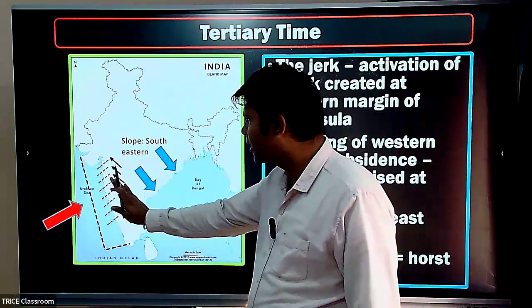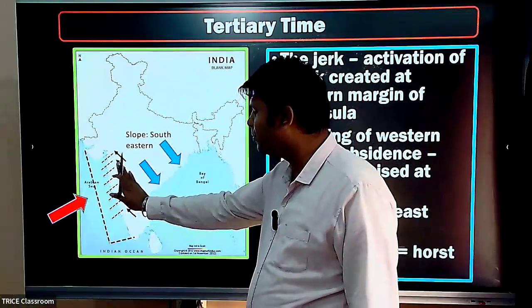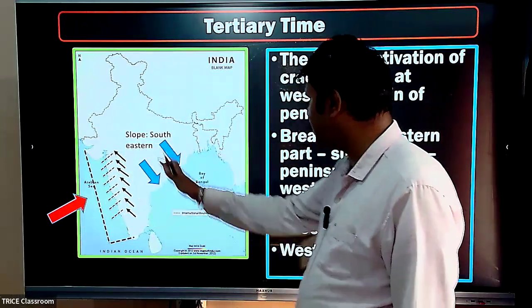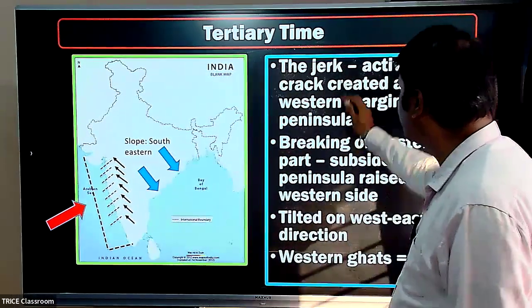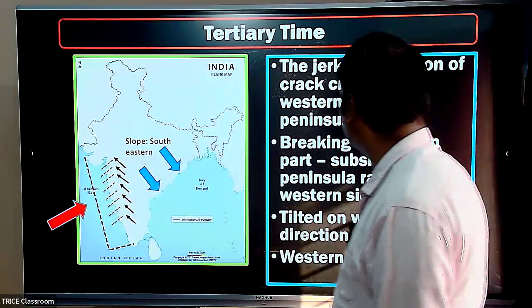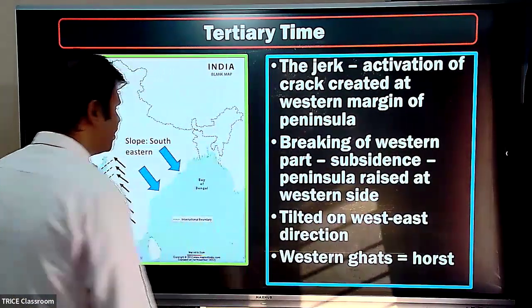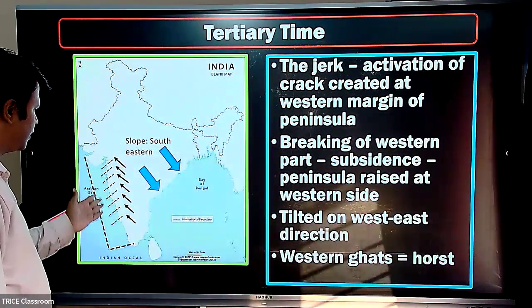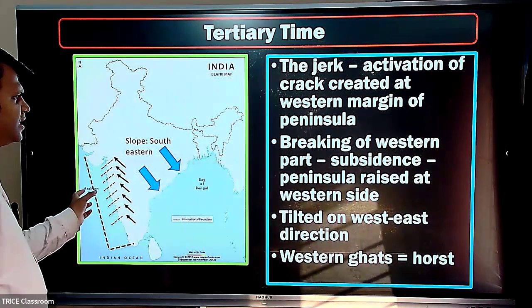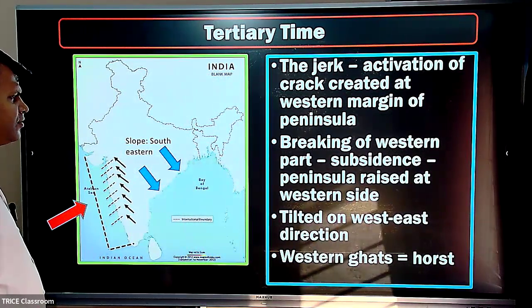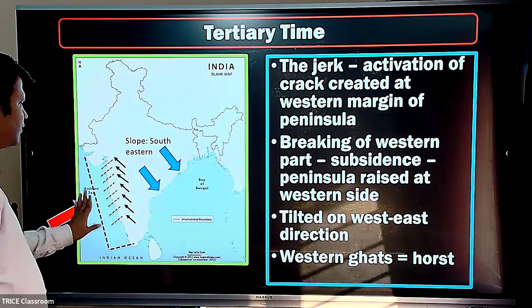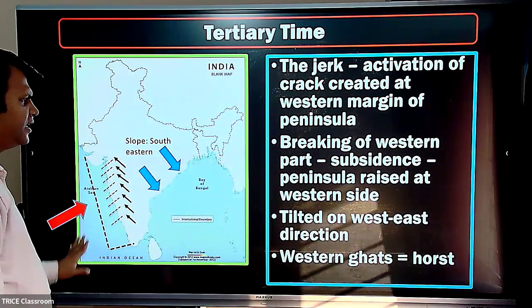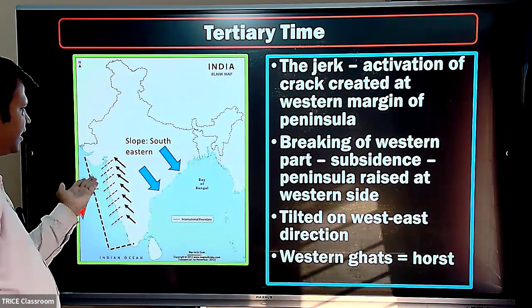So I am showing here that the western block kind of got uplifted, and that is how the Western Ghats were formed. There was a jerk, an activation of the crack created at the western margin of the peninsula. This crack resulted in the breaking of the western part. Some part of the peninsula subsided, the peninsula region rose.